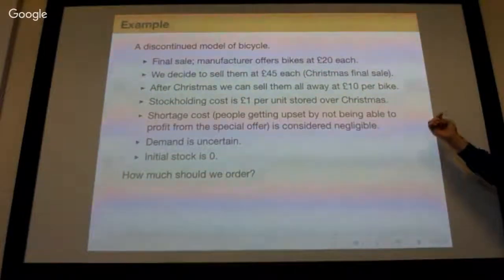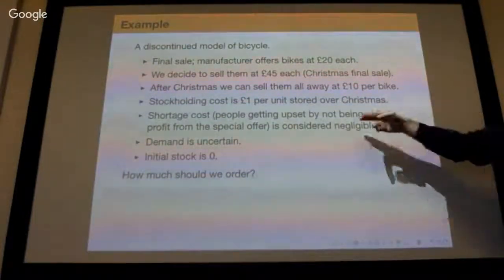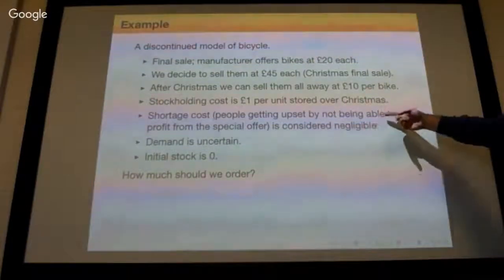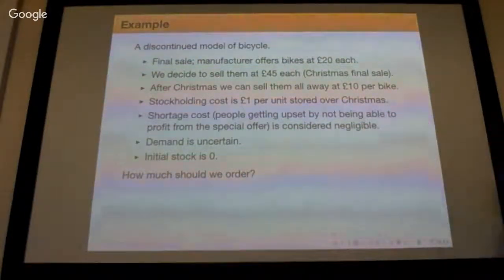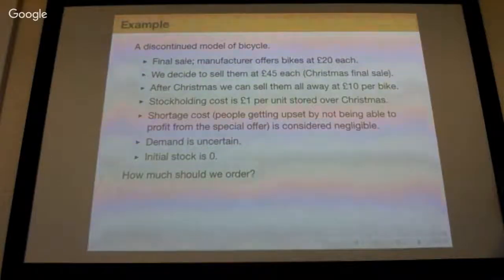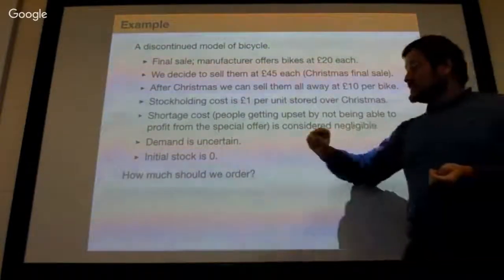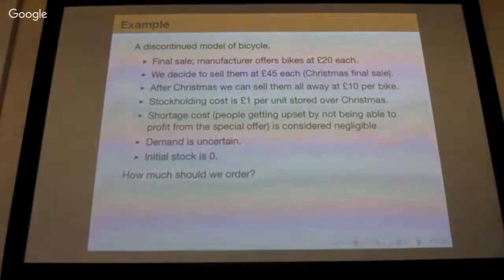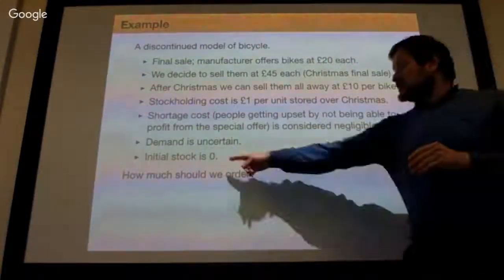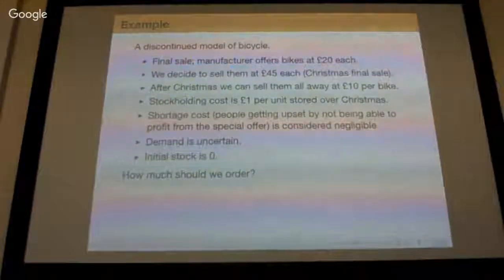And there could be a shortage cost in the model, where you run out and people are still turning up, and you have a cost. It's a stochastic model, so demand will be somehow random, and you typically also know how much you have in the beginning. So the question is how much you should order.